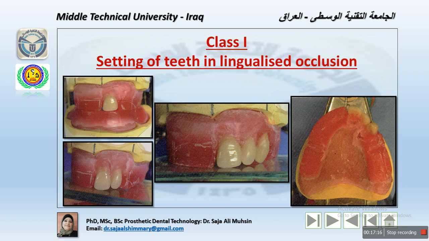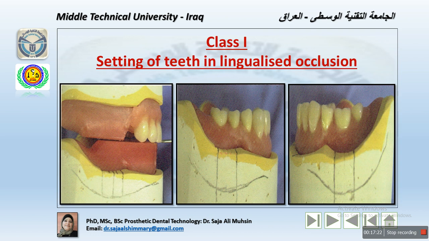In class 1 lingualized occlusion, as I mentioned, first of all the lower posterior teeth are positioned, and we should follow all the guidelines regarding the occlusal table.